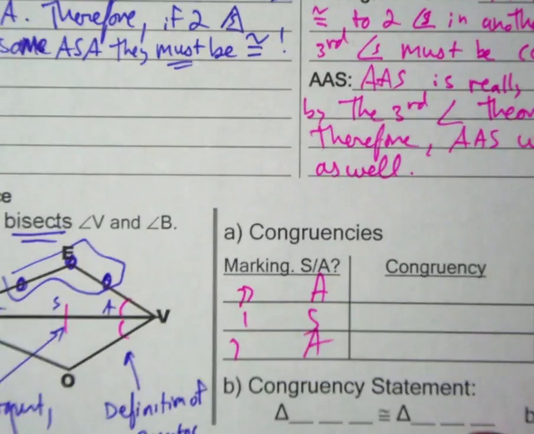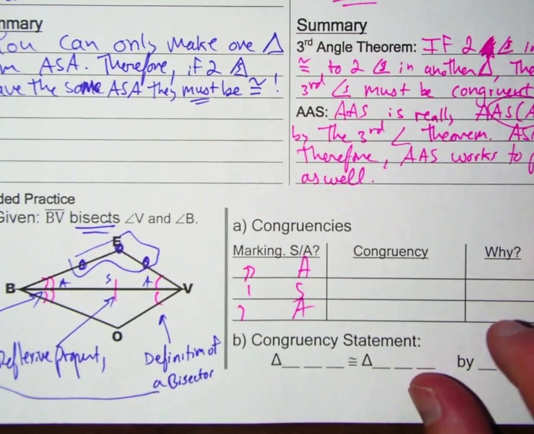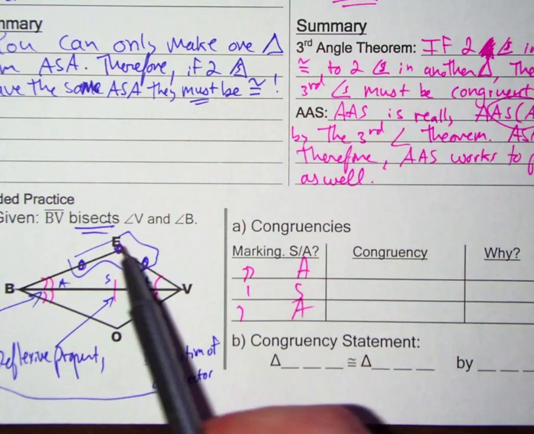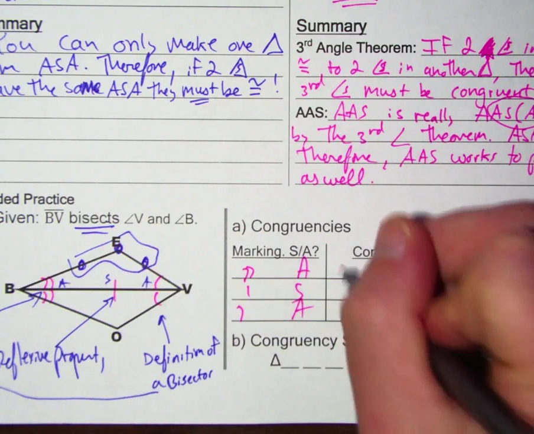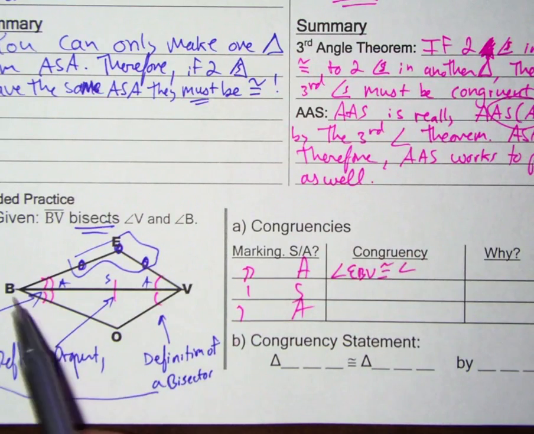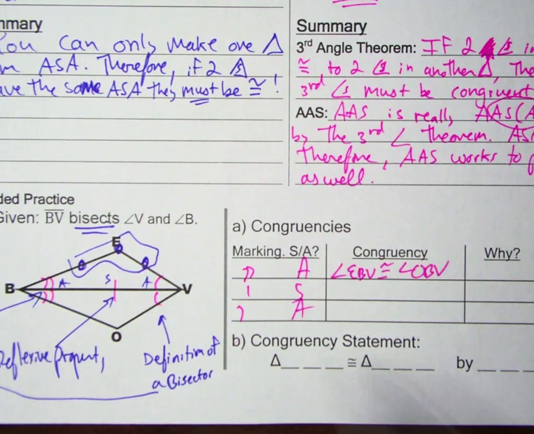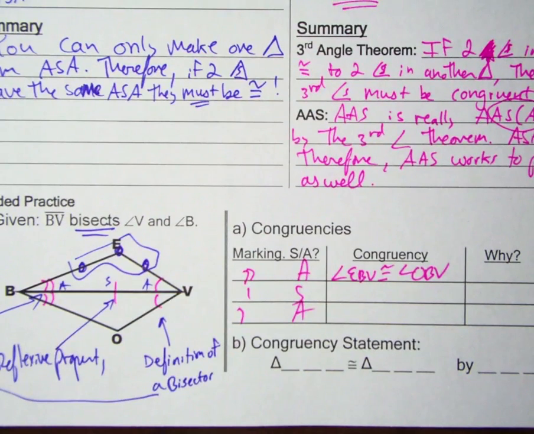Let's go ahead now and write them in. So my two arcs, that's angle EBV, is congruent to angle OBV. You have to use three letters here because this vertex is shared by more than one angle. Also, keep in mind the order.